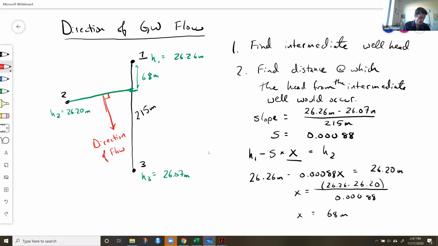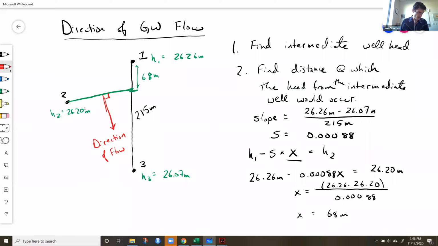Actually, no, the slope is not quite it. So hydraulic gradient in this case is really just going to be the slope of the groundwater between any two of these well points and the distance of it.